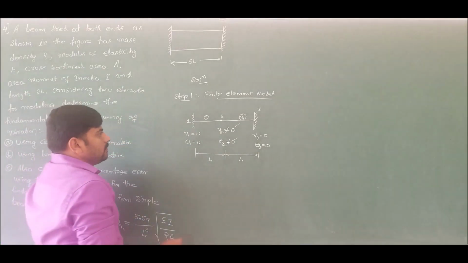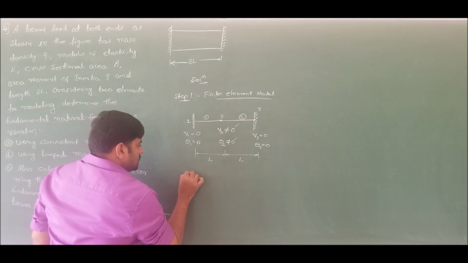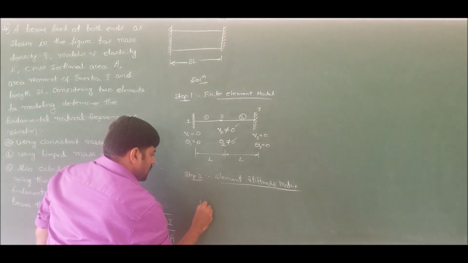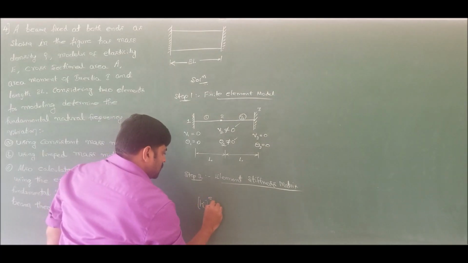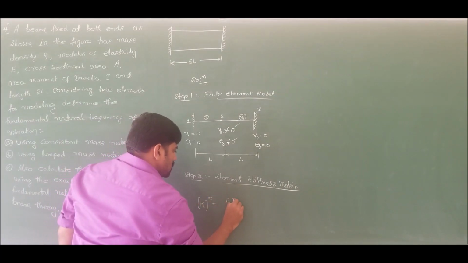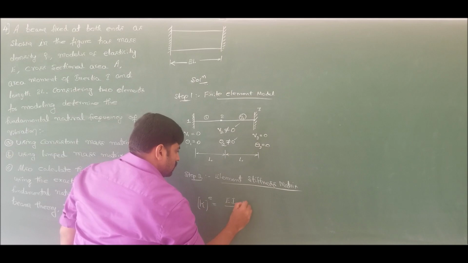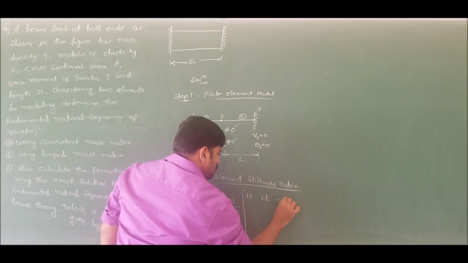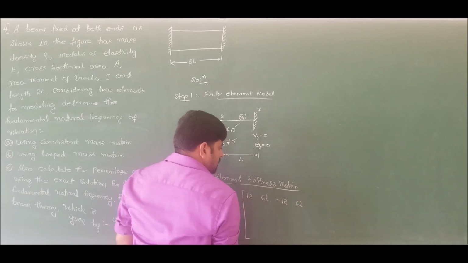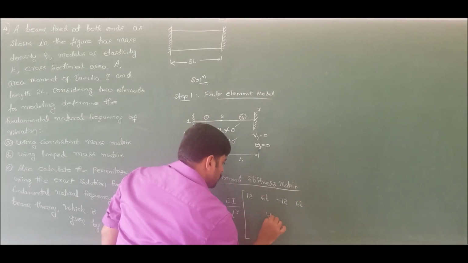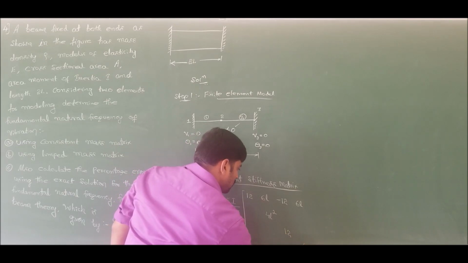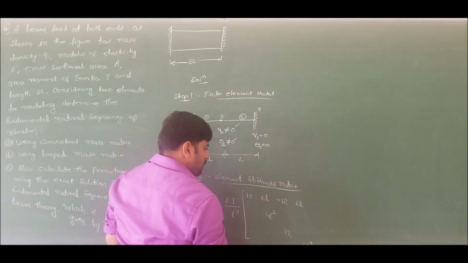Now moving on to step 2, that is the element stiffness matrix. We already know that the element stiffness matrix for analysis of beams is given by EI by L cube, with rows 12, 6L, minus 12, 6L. Diagonally we have 4L square, 12 and 4L square.